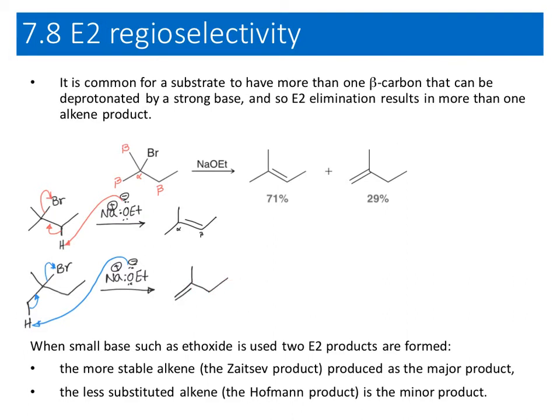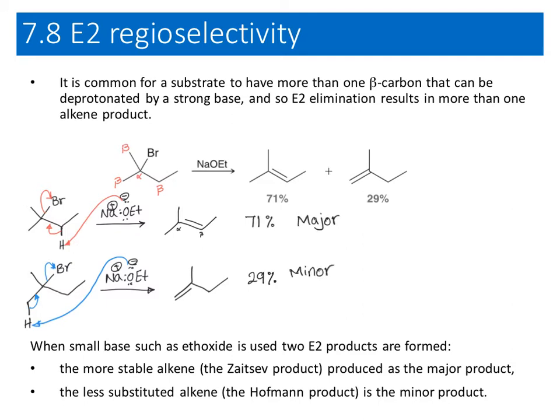Now, doing this reaction, we are going to get 71% of this product and only 29% of this one. So this is going to be our major product, and this one is our minor product.